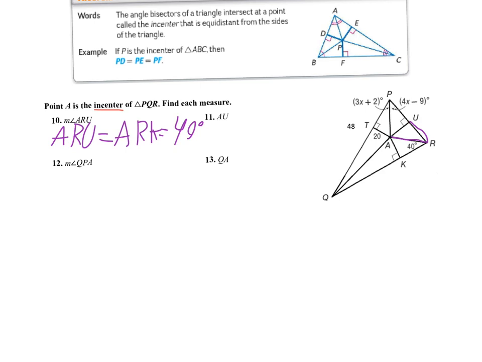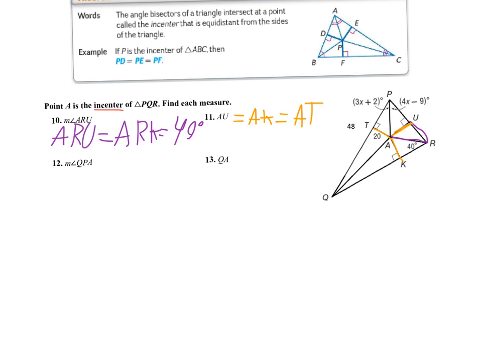The measurement of AU in number 11: if point A is the incenter of PQR, then AU is the distance between the incenter and one of the sides, which means it's the same distance as AK and AT. So AU is equal to AK and AT.